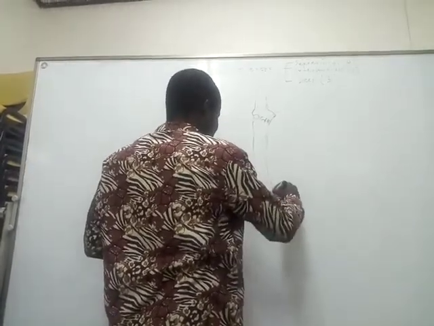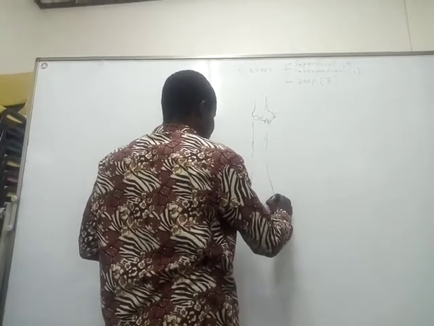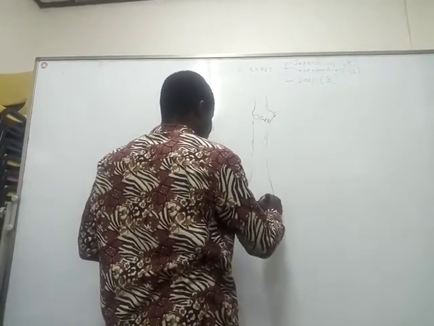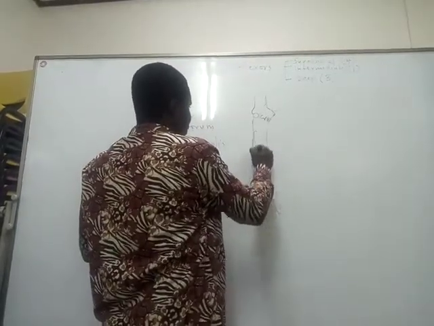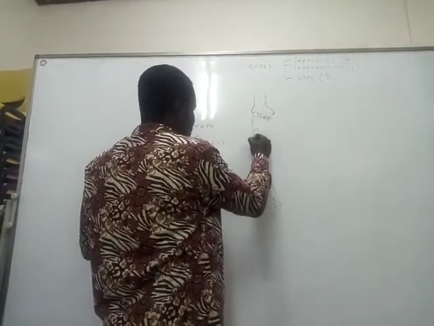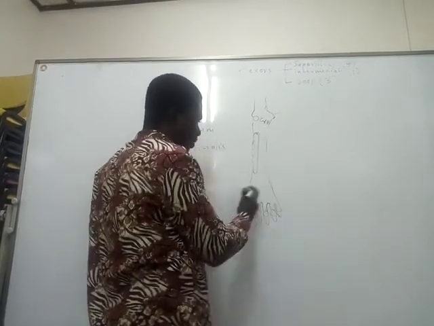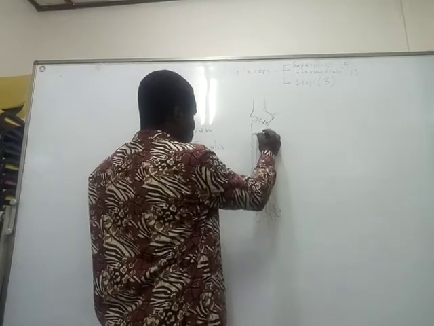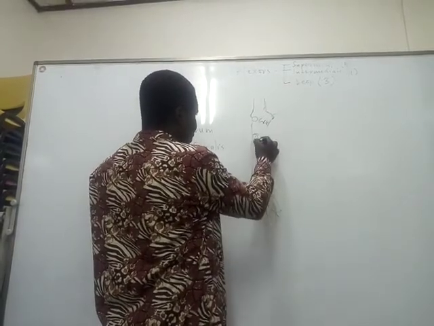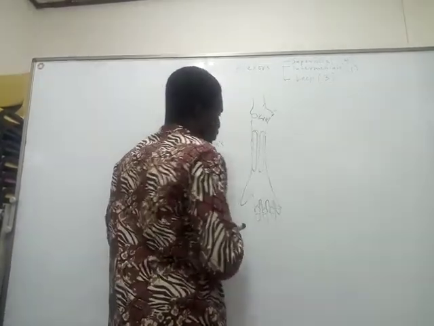Okay. Now for the next group of muscles, the deep muscles. Now this is the bone. This will be the radius because it's located at the thumb side. And this will be the ulna. Obviously, there will be an interosseous membrane between them.